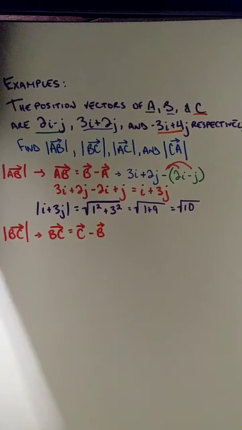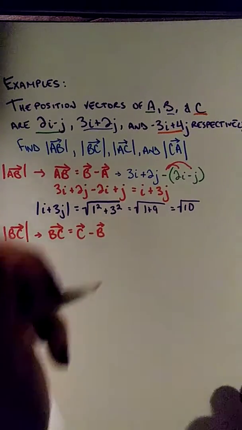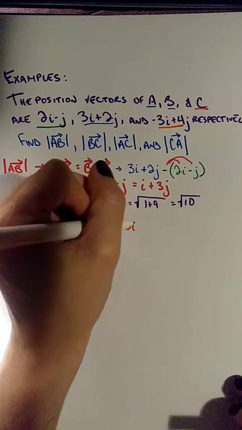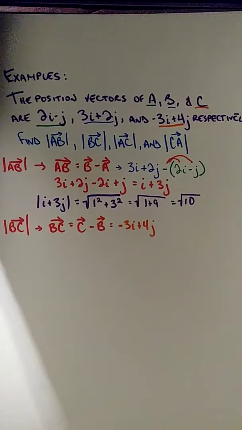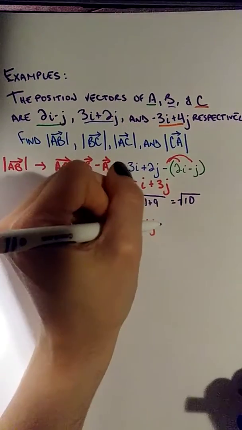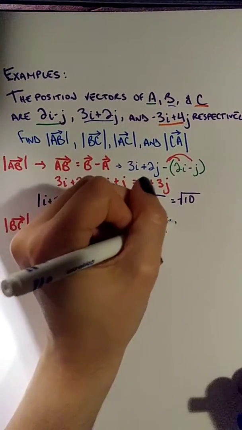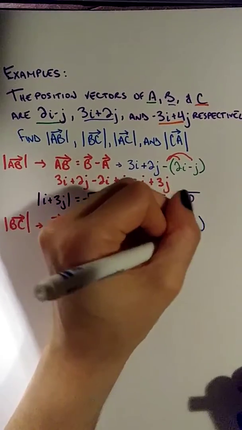So vector C, which is negative 3i plus 4j, and we have to subtract vector B. Vector B, in parentheses, is 3i plus 2j.